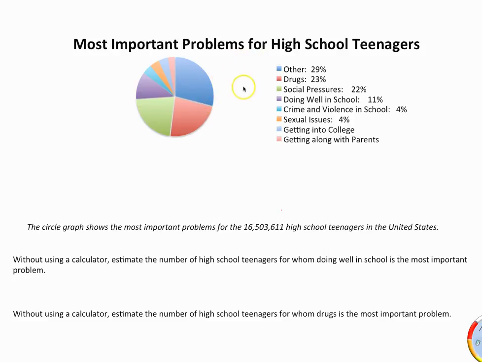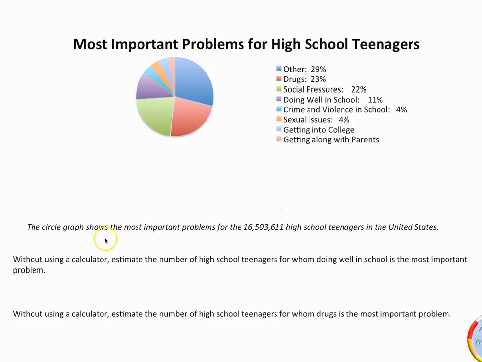Notice it's color-coded, where the big sector of blue says 29% of high school teenagers say they have other problems more important than the ones listed. 23% of teenagers think drugs is the most important problem. 22% social pressures, etc., etc., etc. I noticed that the percentage for getting into college and getting along with parents somehow got left off of our slide, but that's okay. We're not being asked a question about those two.